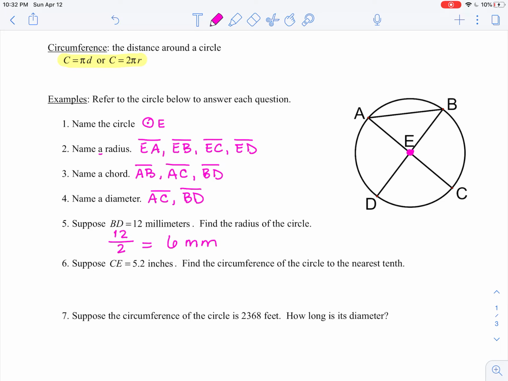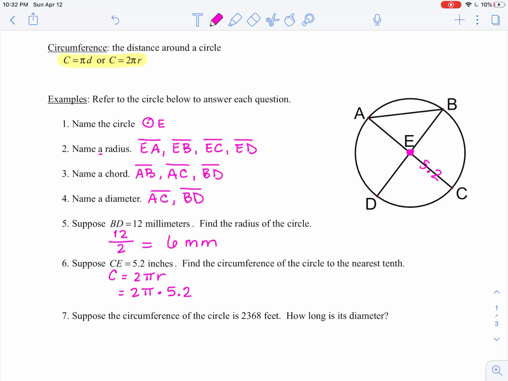Question number 6 says, suppose that the length of CE is 5.2 inches. So CE is a radius. Find the circumference of the circle. So let's use the formula circumference equals 2 pi r. So we have 2 pi times the radius here, 5.2.